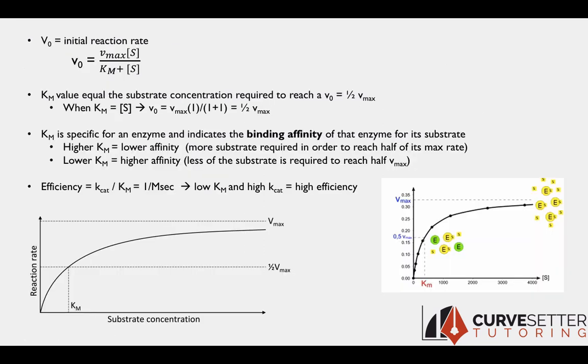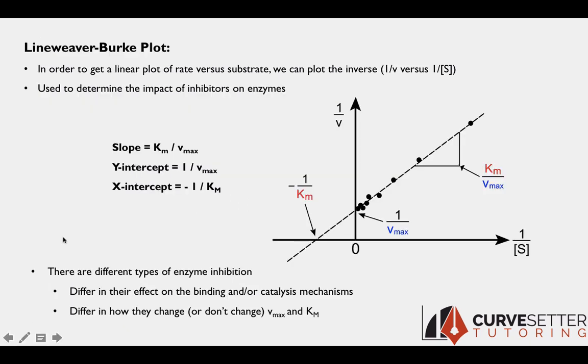So this plot is great to use to find Km, but we can also take the double inverse of this graph, and what we get is something called the Lineweaver-Burk plot. So the double inverse, meaning we're graphing 1 over reaction rate versus 1 over substrate concentration, and that's actually going to give us a linear plot.